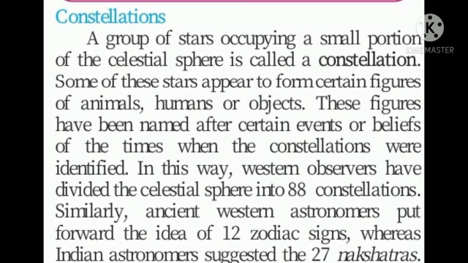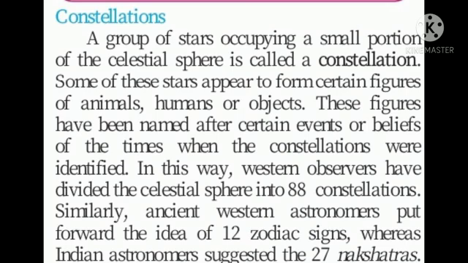Constellations are groups of stars occupying the celestial sphere that appear to take the shapes of animals, humans, and objects. The constellations have been named after certain events and beliefs.